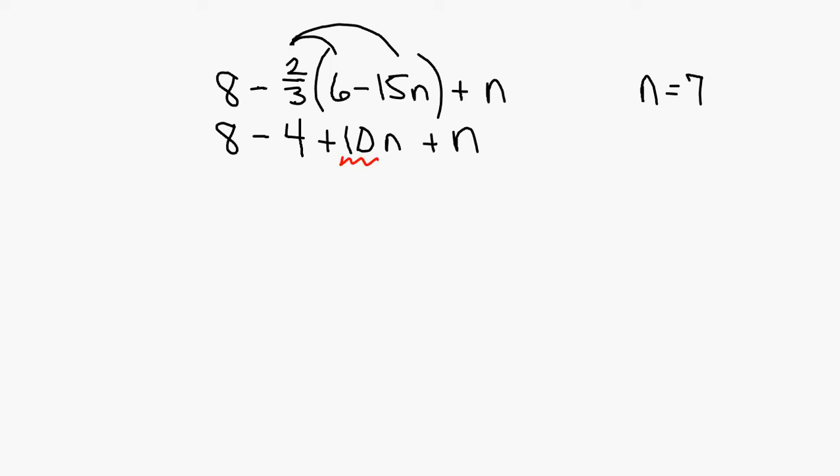So you got a 10n plus a 1n, which is 11n. And then you're going to combine an 8 minus 4, which is positive 4. Replace the n with a 7. So you got 11 times 7 plus 4. So 77 plus 4 is 81.